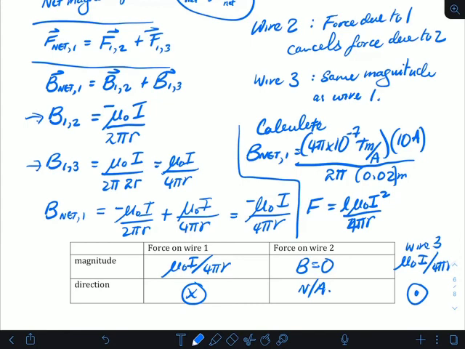And if we were to put all the numbers in and cancel everything, then we would end up with 2.5 times 10 to the minus 4 newtons, which would be the final answer. And it's the same for wire 3 as well.